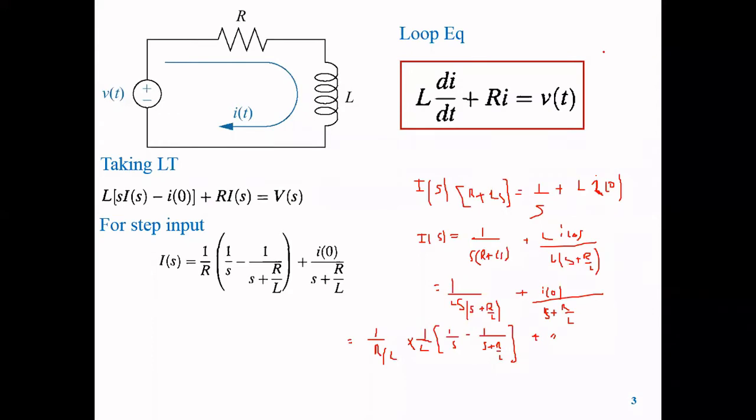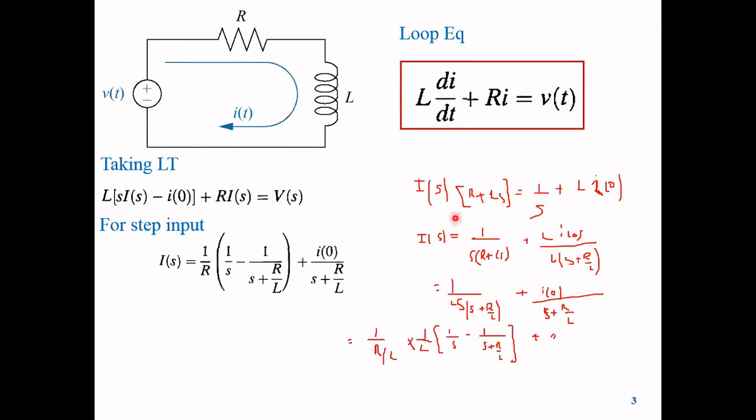So here I have completed this calculation. We have this equation from here, and here we have taken I(s) common. This will be equal to the unit step plus this initial current.